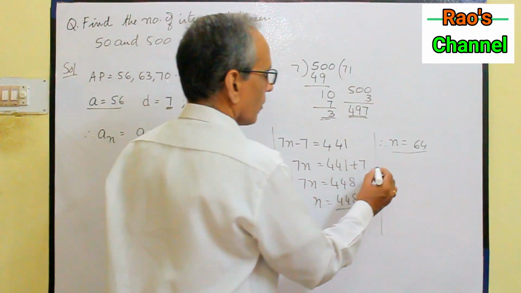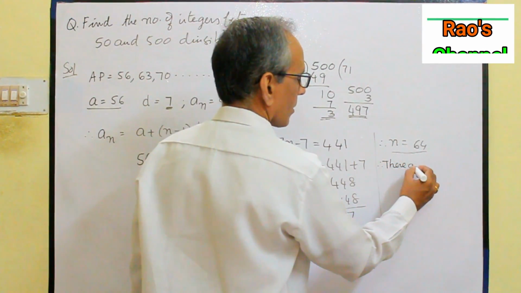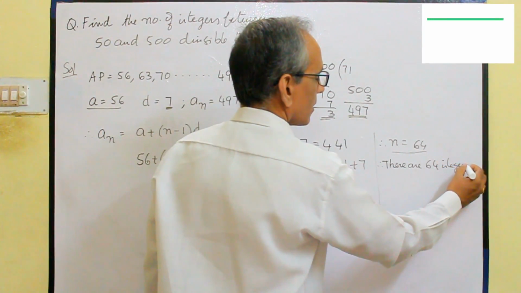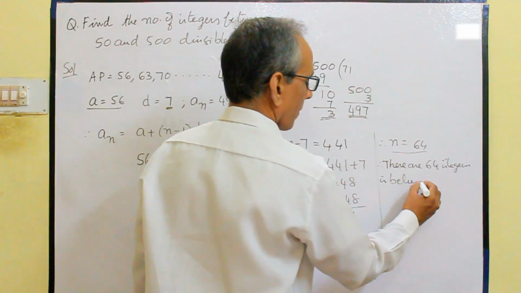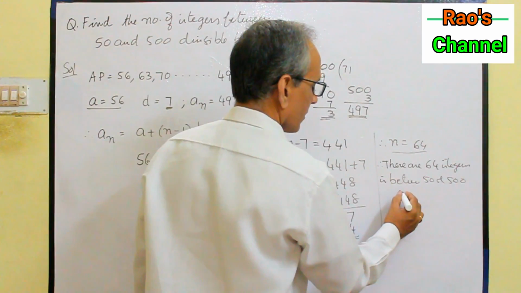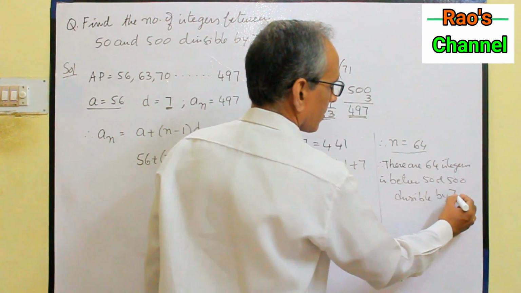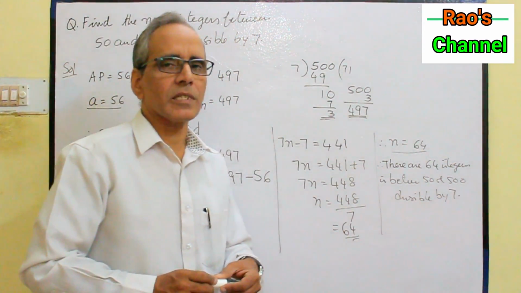Therefore, there are 64 integers in between 50 and 500 divisible by 7.